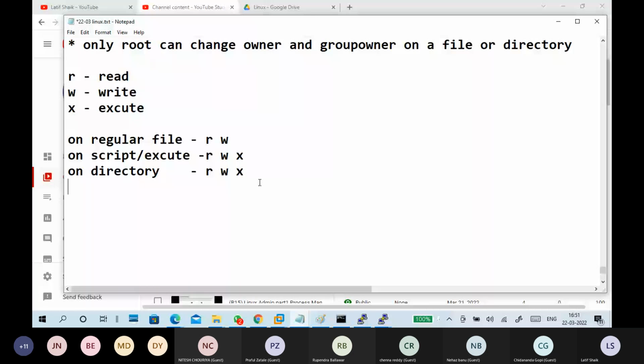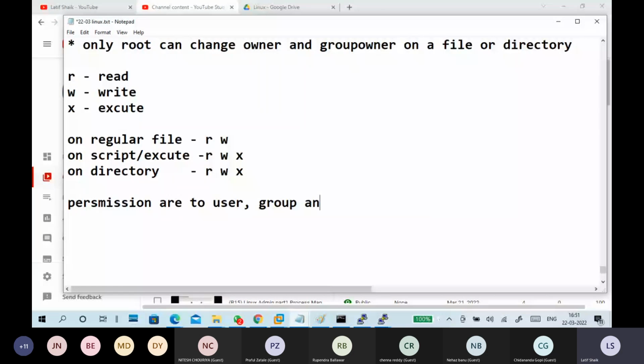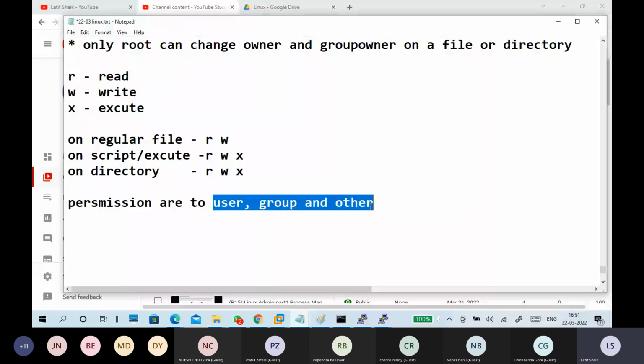Next, guys, permissions are given to user, group, and other. We are giving permission to user, group, others.